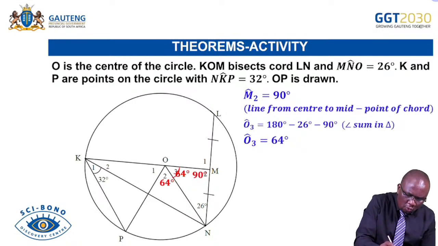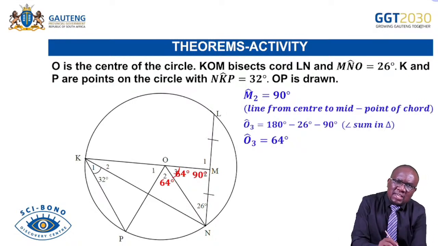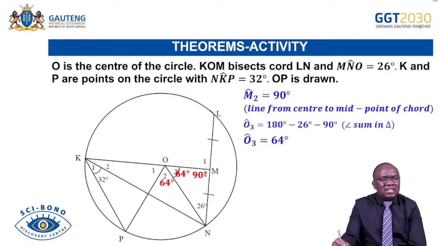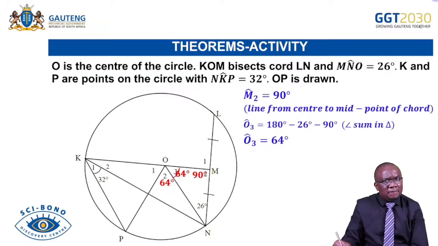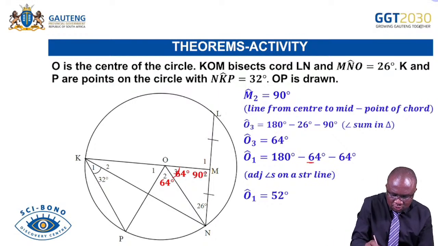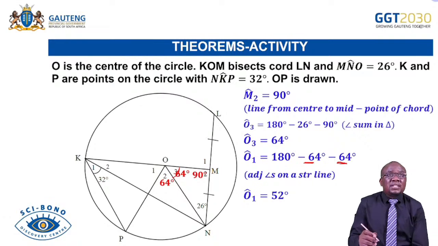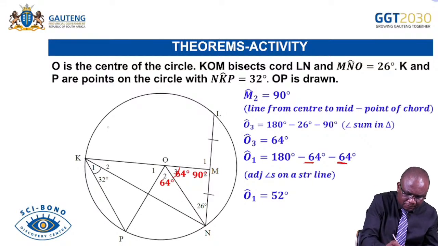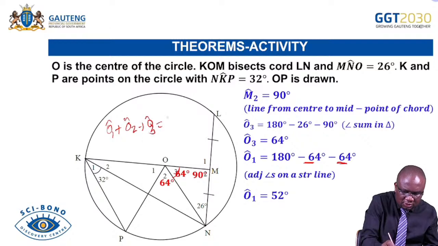What about O1, O2, and O3? If we add them, what must it give us? They must give us 180 degrees, because these are adjacent angles on a straight line. So O1 plus O2 plus O3 must give us 180 degrees. So for O1, we just subtract O2 and O3. We will get our O1, which is 52 degrees, because angle O1 plus angle O2 plus angle O3 is equal to 180 degrees.